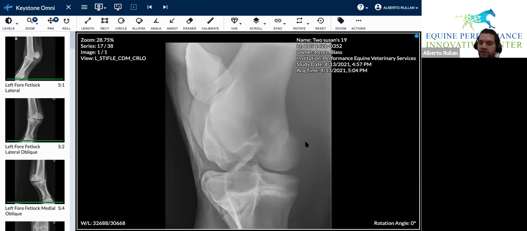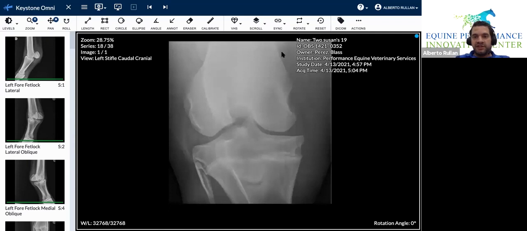If you look carefully over here, you're gonna see a black shade, that's the meniscus. Then here you have the tibial eminence, which we evaluate better on the caudocranial view. And here's the lateral trochlear ridge, which is very common. You're going to see very commonly OCD fragments.